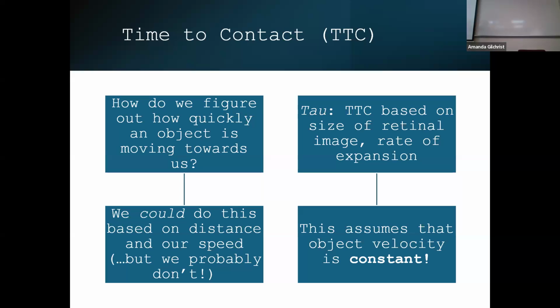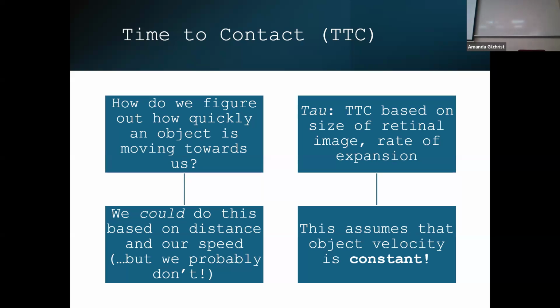In particular, we're going to focus on the current size of the image on our retina, which is going to be taken as a proxy for distance, and then the rate of its expansion. Obviously, as something gets closer to us, the larger it gets on our retina, right? So as I move closer to you, the more space you take up on my retina.